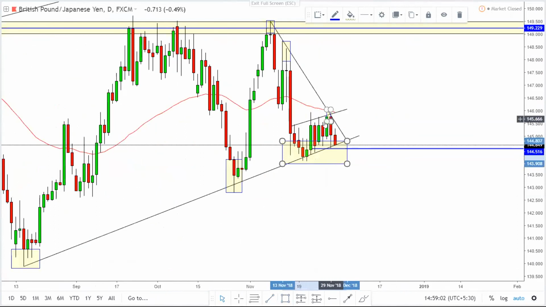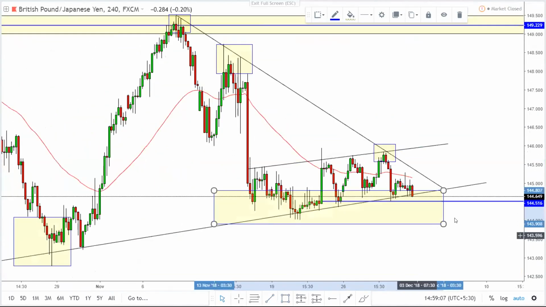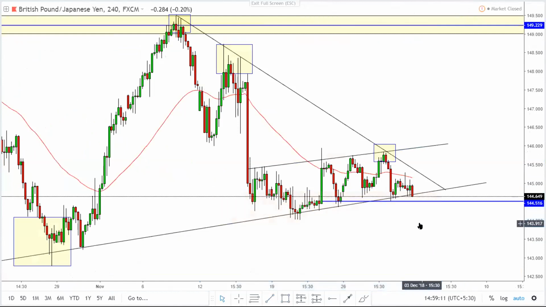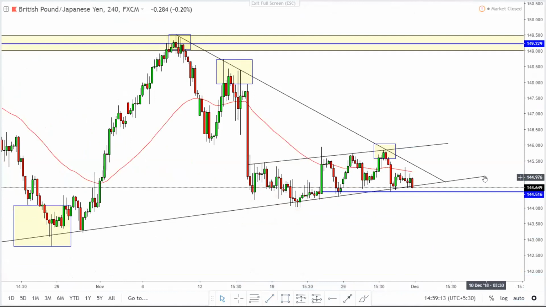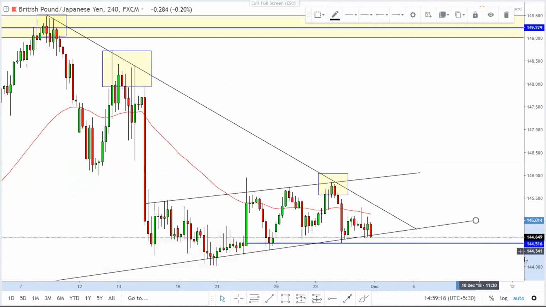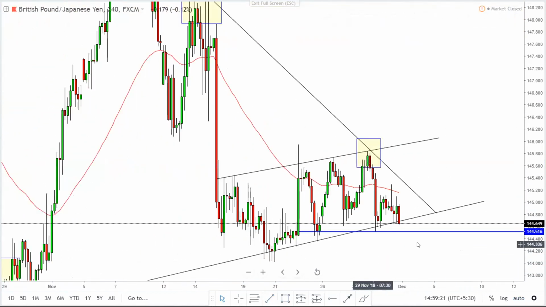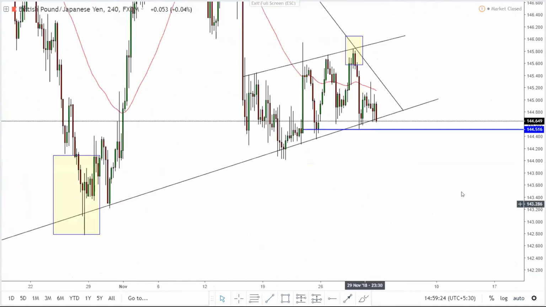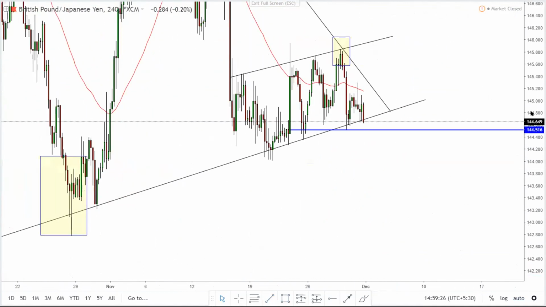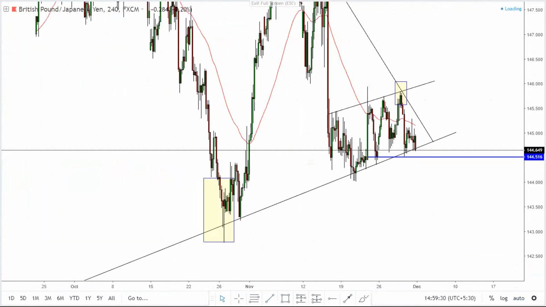But price here in the lower time frame on 4 hour is making a rising channel, and it seems like it is about to break. Currently we have this last support region left, 144,500. If we are going to see a break to the downside below 144,500 next week, then we are going short.